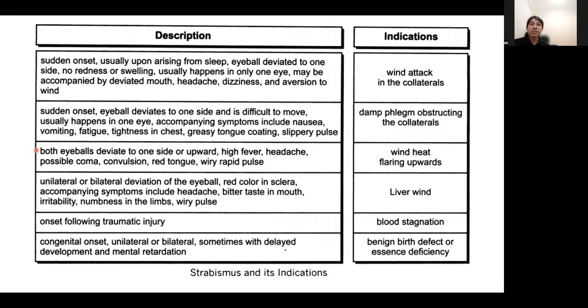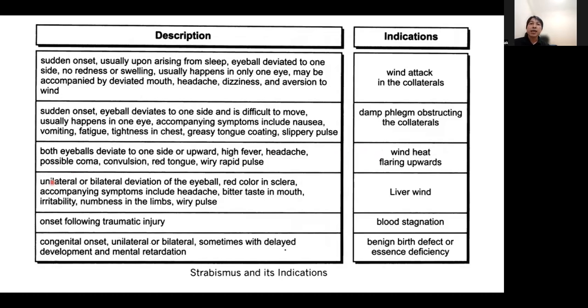Next, the description is both eyeballs deviate to one side or upward, high fever, headache, possible coma, convulsion, red tongue, wiry rapid pulse. It is an indication of wind heat flaring upwards.